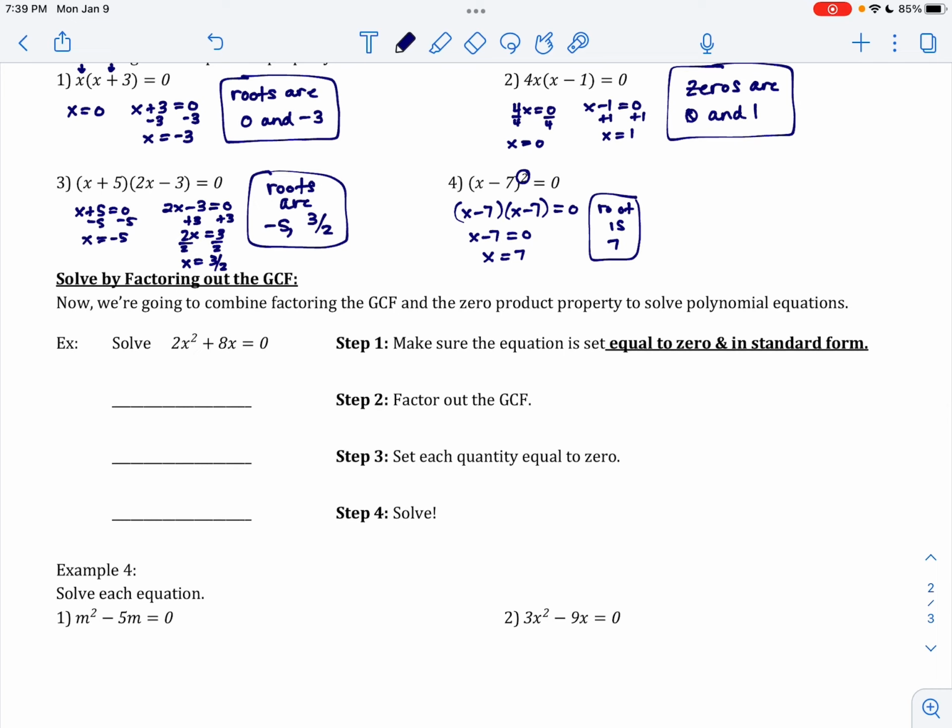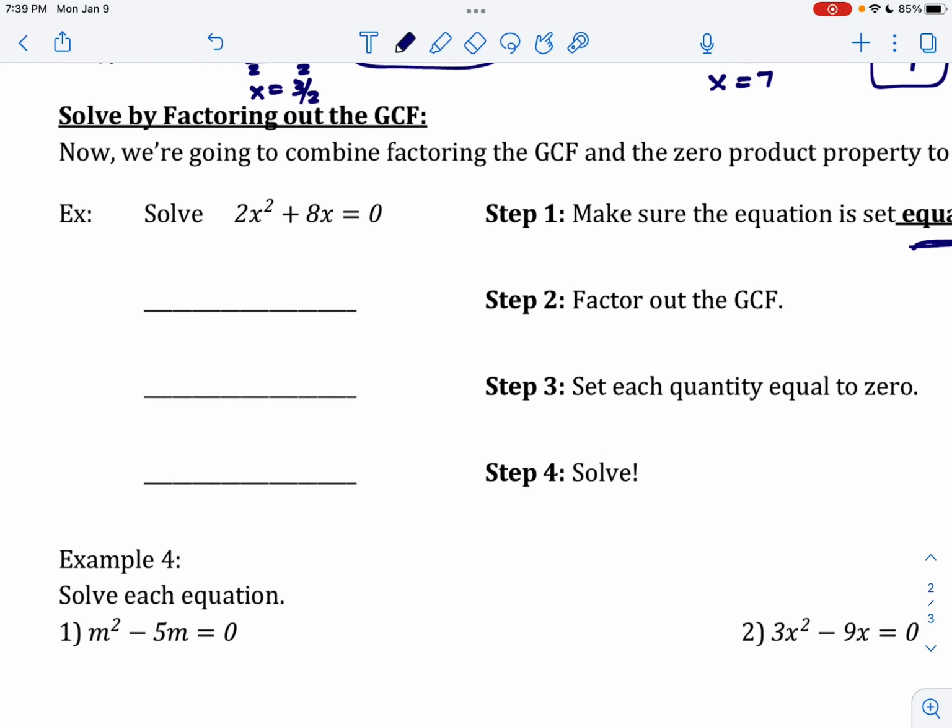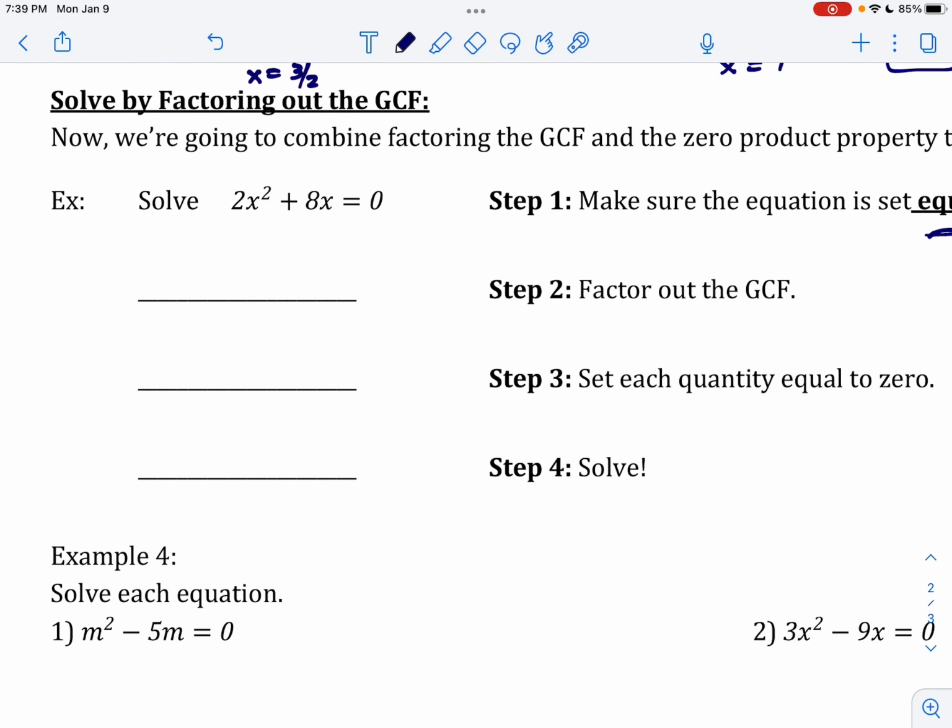So if I look at the first one, make sure that the equation is set equal to 0 and in standard form. So that's 2 important things that we need to make sure are happening first. Then we're going to factor out the greatest common factor. So out of 2x squared plus 8x, I'm going to take a 2x out. So that's my greatest common factor. And then I'm going to put what's left, which is x plus 4. So there's the factored out form.